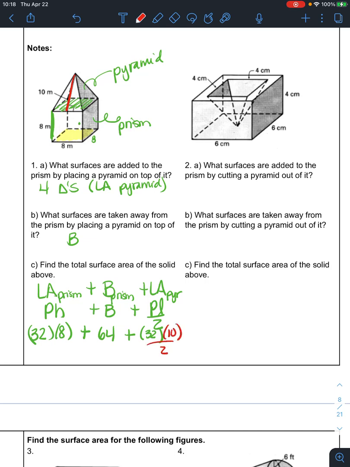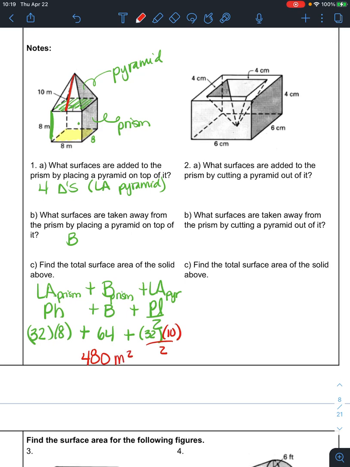So if you do 32 times 8 plus 64 plus 32 times 10 divided by 2, you can type that all in at the same time, and you'll find out that your total surface area, meaning the area of the surfaces that are visible or paintable, if you want to look at it that way, on this prism with a pyramid on top, is 480 meters squared.